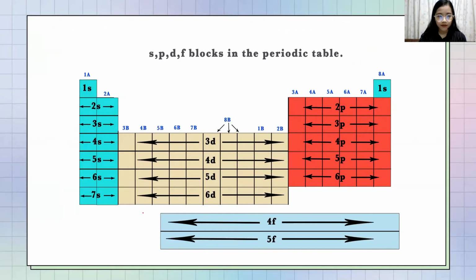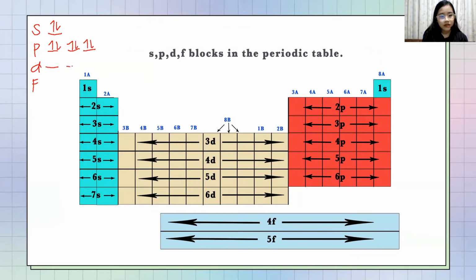S, P, D, F. So here, S has 1 orbital and can hold up 2 electrons. P has 3 orbitals, can hold up to 6 electrons.